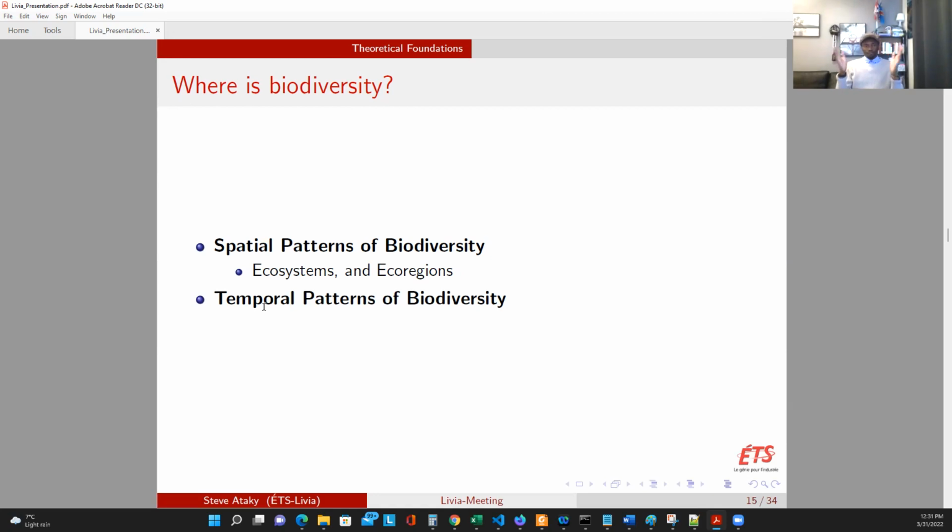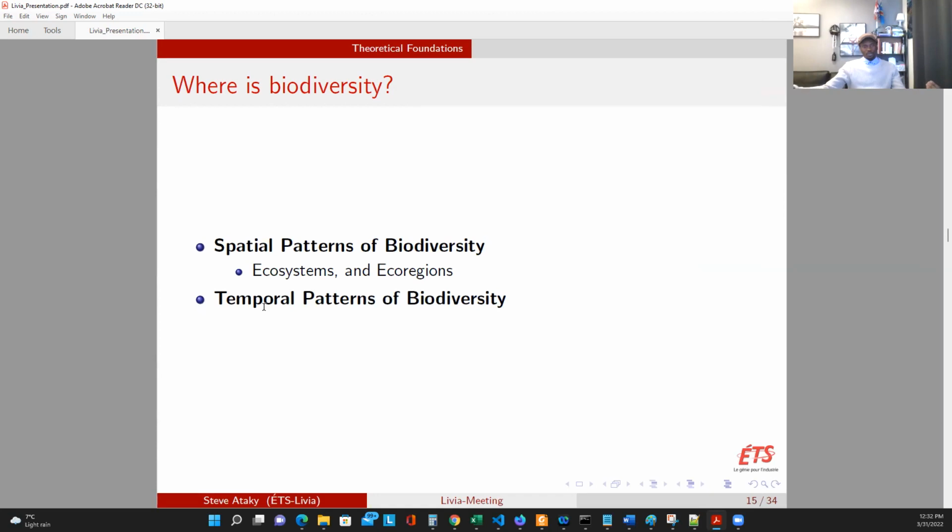So, the biodiversity is found in ecosystems and ecoregions. We have what we call spatial patterns of biodiversity, patterns and tools that decision makers can use to derive useful approximation for both terrestrial and marine ecosystems.